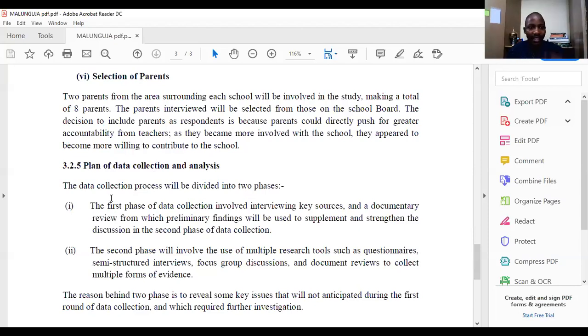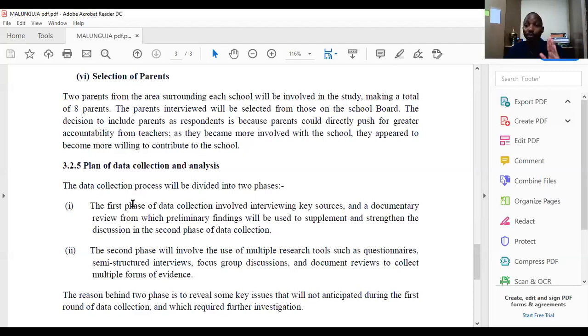For instance, here, the data collection process will be divided into 2 phases. You see, he is trying to show that at the end of the day, no one is ignorant about what is exactly expected to be done in the field. So such information about sampling, sample size, what kind of population you are going to use, and what design you are going to implement is explained in the so-called research design.